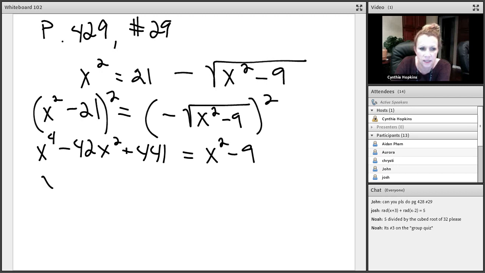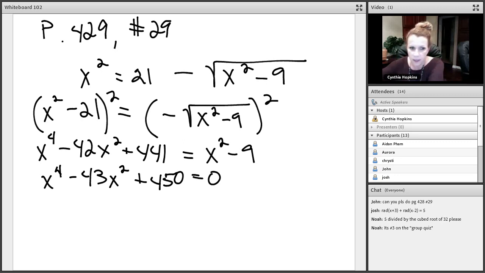This is a quartic polynomial, degree 4. I have x to the 4th, I subtract 1 x squared to get minus 43 x squared, and then I add 9 and get plus 450. I've set my equation equal to 0.